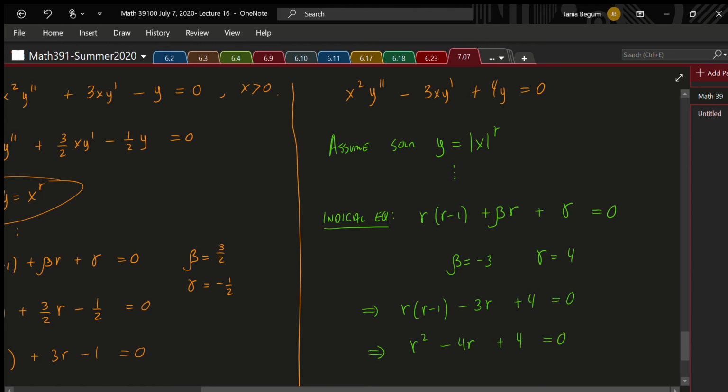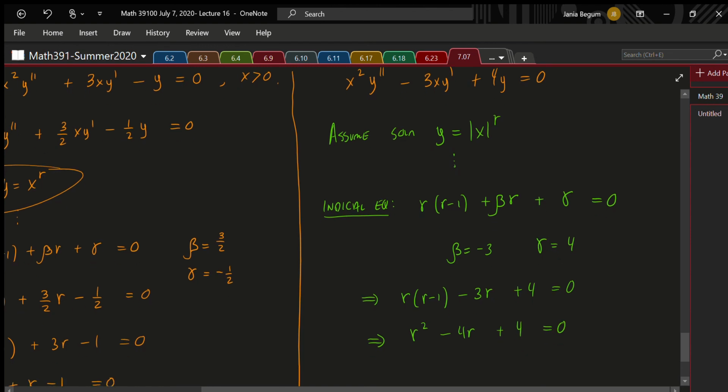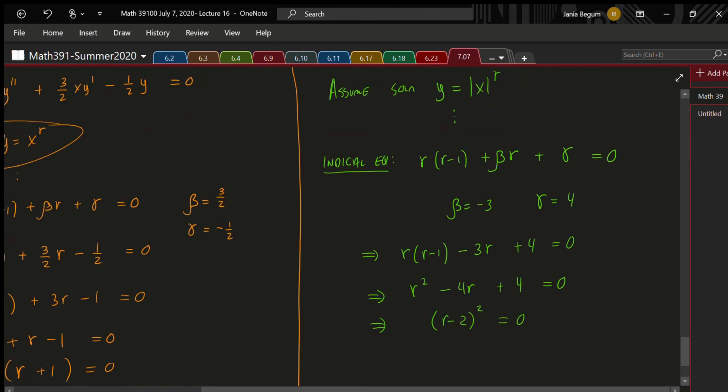And this can also be factored. I can factor this into (r minus 2) squared equals 0. So you see it has a repeated real root. So we have r1 equal to r2, just 2, so it's repeated.